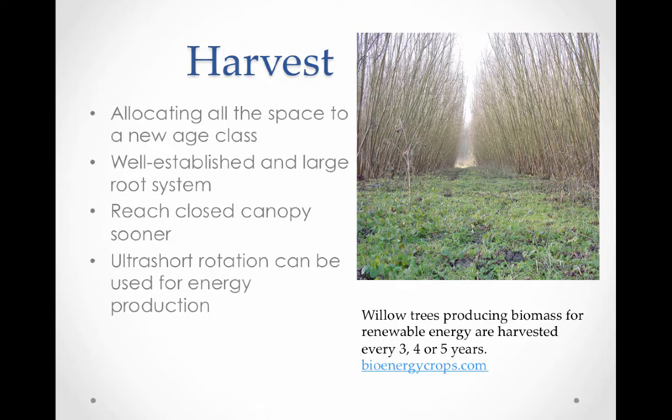They have the ability to get water and nutrients. They can reach closed canopy sooner because of this, and these ultra-short rotations can be used for energy production. Here's again an example with willow trees, with very short rotations. We're talking about 3, 4, or 5 years.